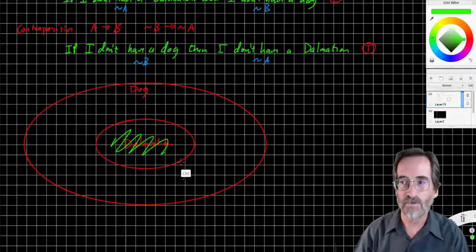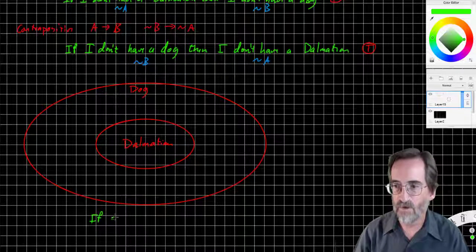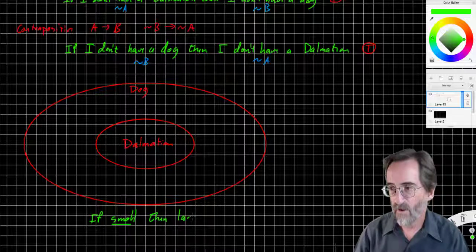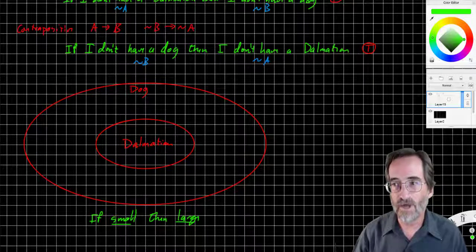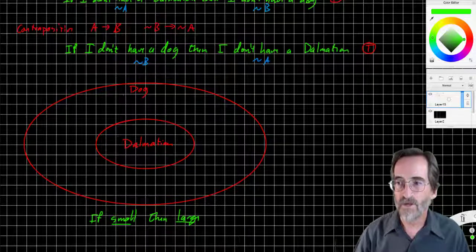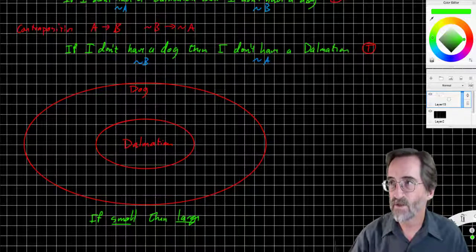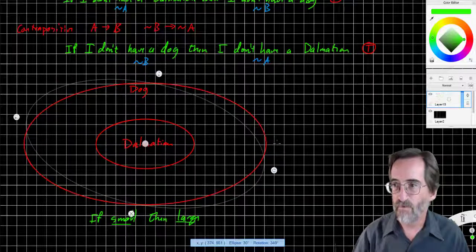So the statement is true. And notice that it's always if small, then large on the Venn diagram. If small, then large. If you're a Dalmatian, then you're a dog. If you're a dog, then you're a Dalmatian would be false because there are other subgroups inside the dog group, like German Shepherd.